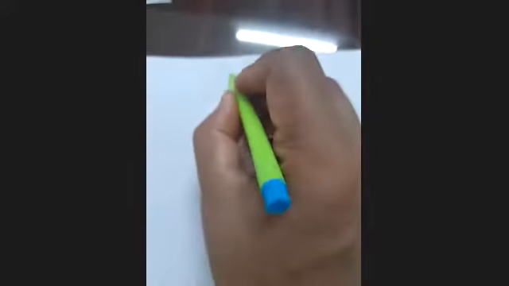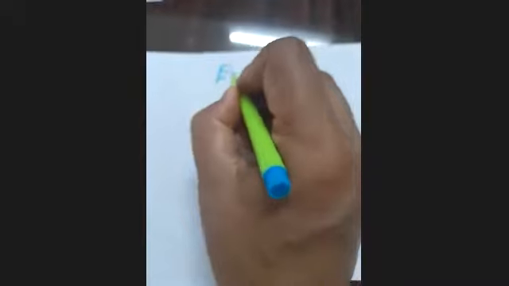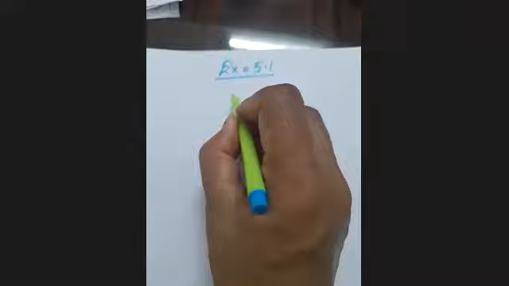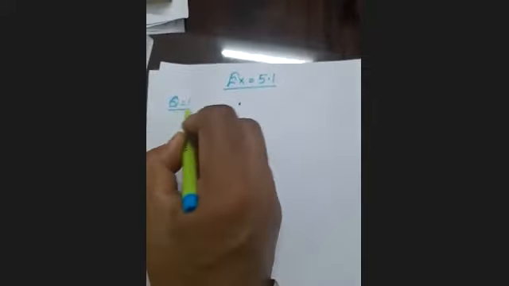Your first question is, how many lines can be drawn through a given point? Suppose you have a point. Now, how many lines can be drawn through a given point?